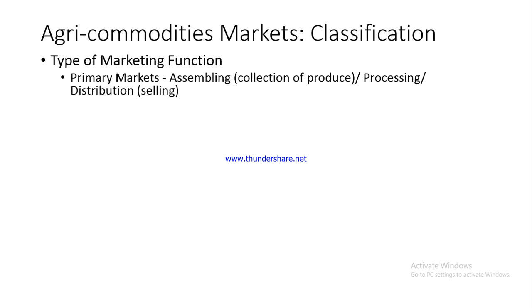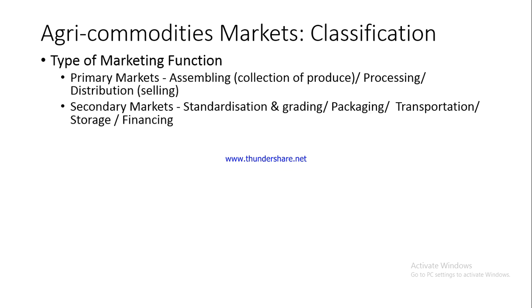So this is another kind of primary function, processing. And then once this has been done, the product would then further be distributed, further be sold. So these are the functions of the primary markets. So they only perform primary functions.